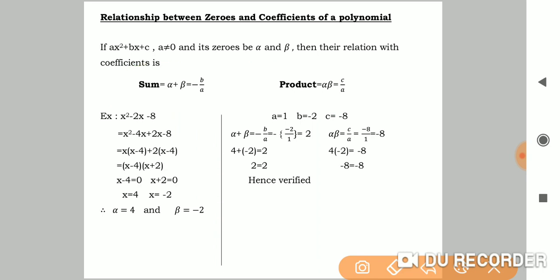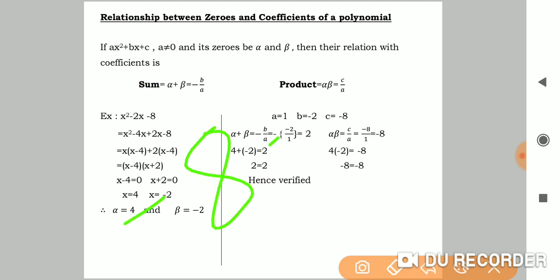First example, a quadratic polynomial x square minus 2x minus 8. First we need to find the zeros of this polynomial. For that we need to simplify this polynomial by splitting the middle term, that is minus 2x.